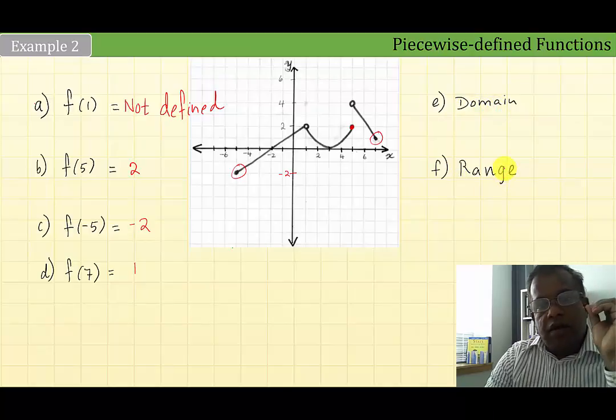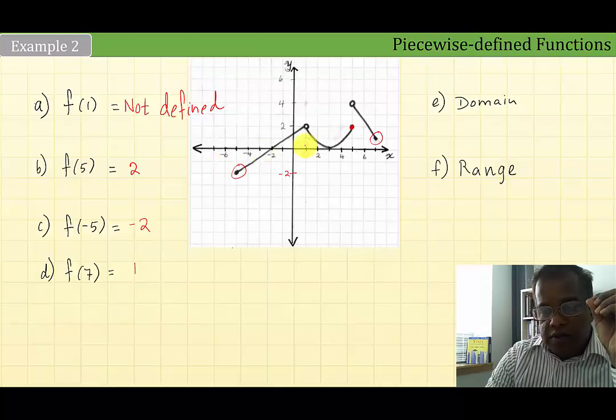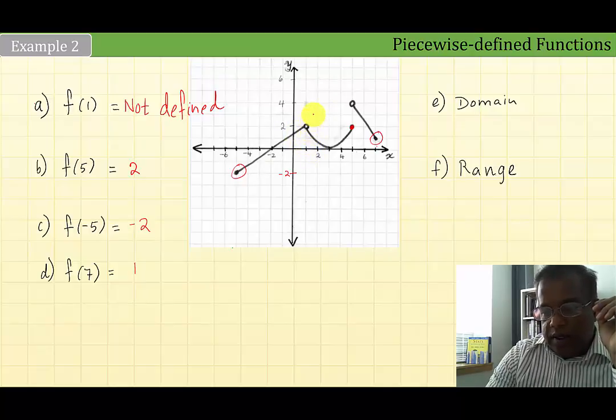Now domain is all the x values of this function where there is a y value. You can see when x is from negative 5 up to x equals 1, there is a y value over here. And then at 1, there is no y value. So we get a domain from negative 5 up to 1.